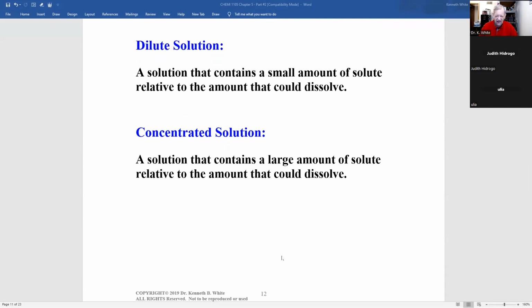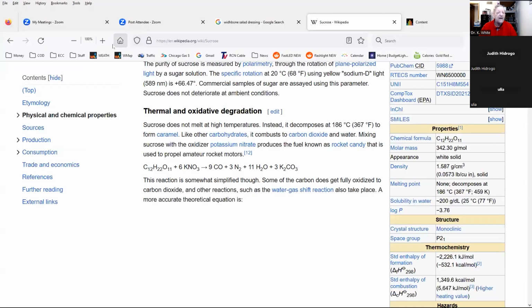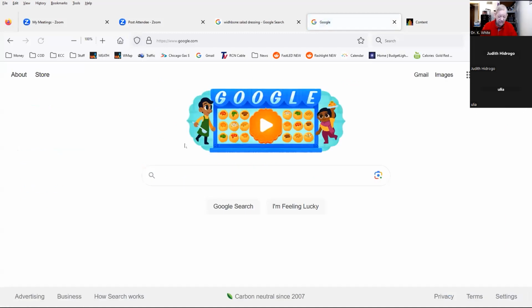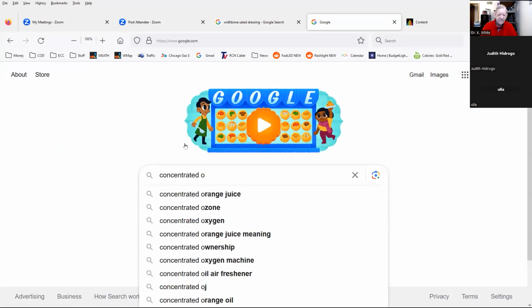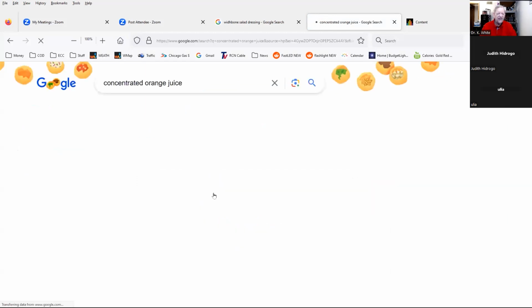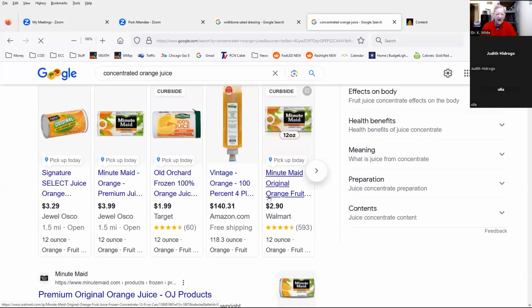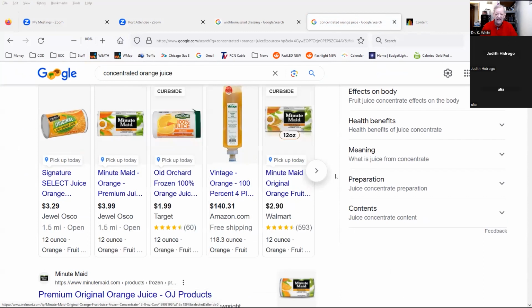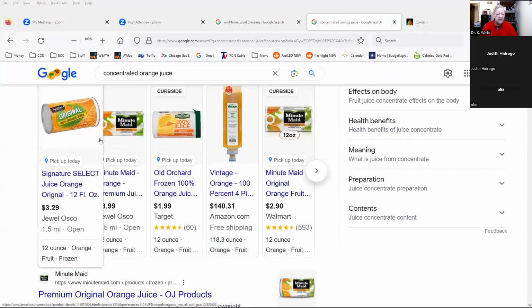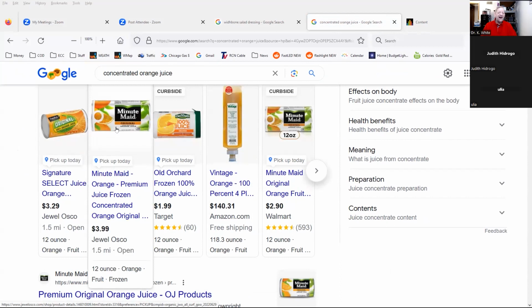Back when I was a kid, and even in college, and you can still buy it, you can go to the supermarket and buy concentrated orange juice.